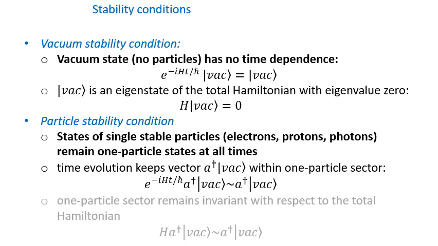In other words, the particle stability condition says that one particle states always remain within the one particle sector of the Fock space. This is equivalent to saying that the one particle sector is invariant with respect to the full interacting Hamiltonian.